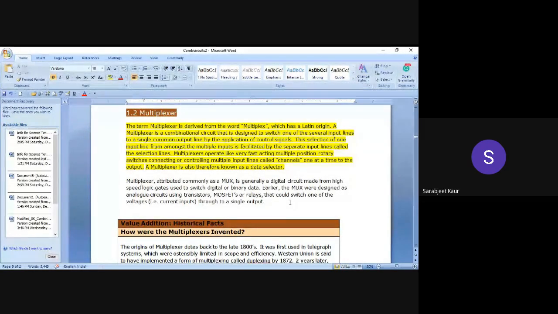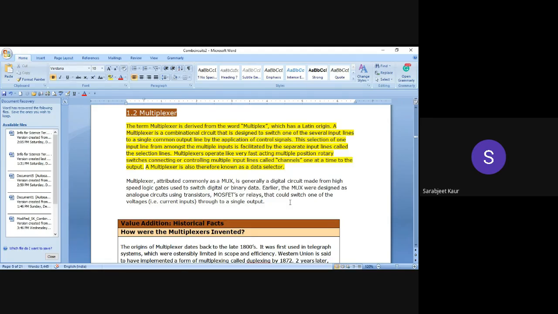This is akin to the kind of multiplexer that we are going to talk about in digital electronics or computer system architecture, but just to invite your interest in the word multiplex, which is literally used in English to mean that multiple things are folded together into one. When we intermix multiple things together into one, it is called multiplexing.